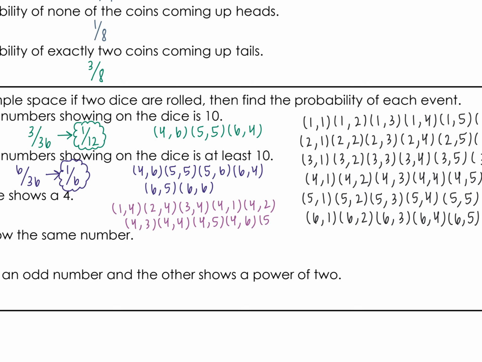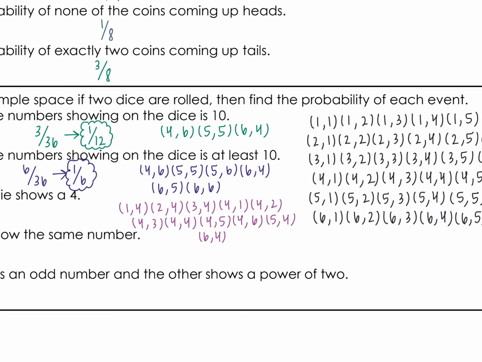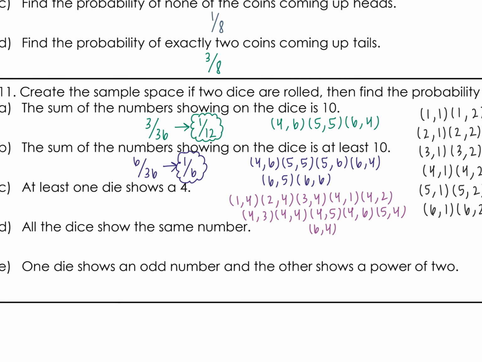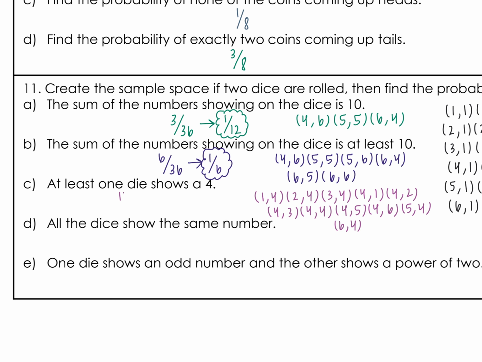Then you've got your 5, 4, and 6, 4. Okay, so 1, 2, 3, 4, 5, 6, 7, 8, 9, 10, 11 successes, what we wanted, over my total 36. And that one doesn't reduce, so that would be my answer.